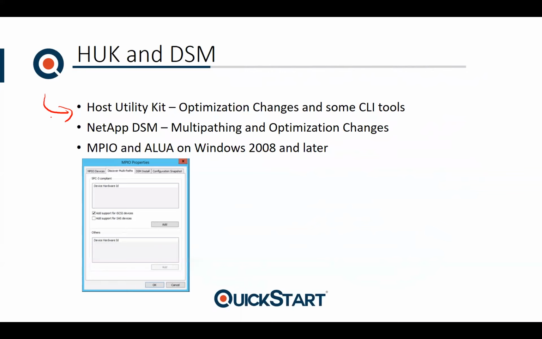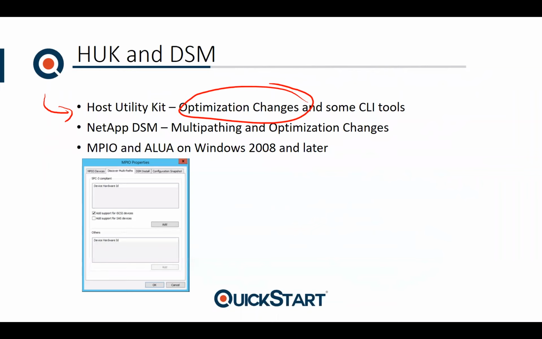And it is usually mentioned when we talk SAN storage. Yes, it is required in the sense that the optimization changes that it makes are incredibly important, and if you need to call NetApp support, they're going to check to see whether you have the Host Utility Kit installed or not. Okay? But I don't necessarily have to install the Host Utility Kit.